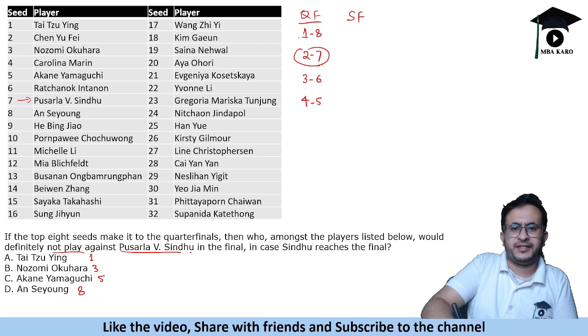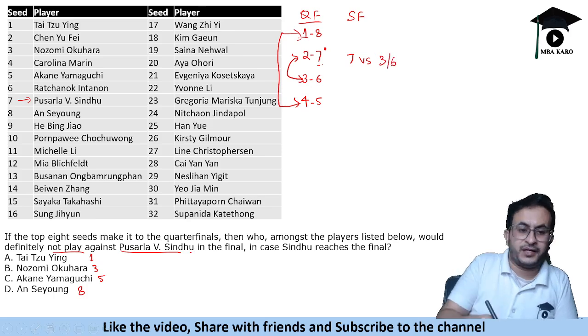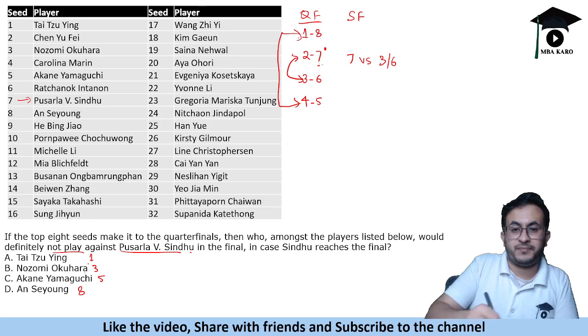In the semi-final, PV Sindhu is 7. So PV Sindhu goes to the semi-final, which will be between these two teams and these two teams. So the semi-final will be 7 versus 3 or 6, right? Now player number 3 cannot play against them in the final.